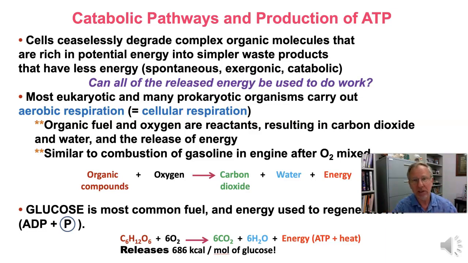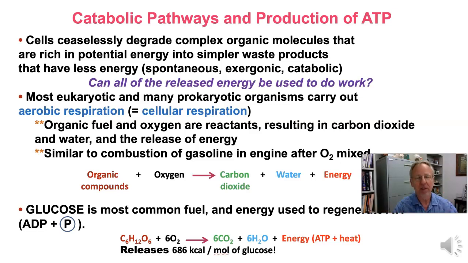And metabolism is made up of anabolic pathways, where bigger, more complex molecules are built, and catabolic pathways, where big, complex molecules are broken down into smaller ones. Well, during cellular respiration, catabolic pathways are what occur.